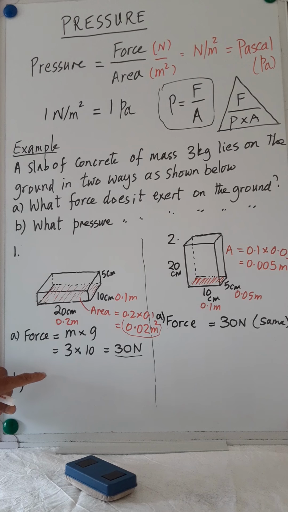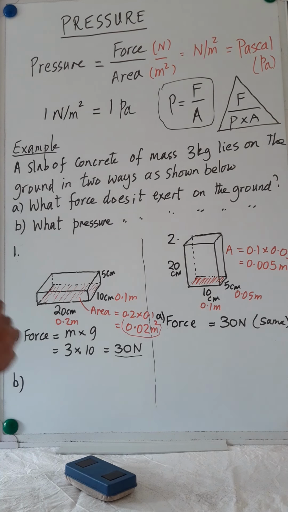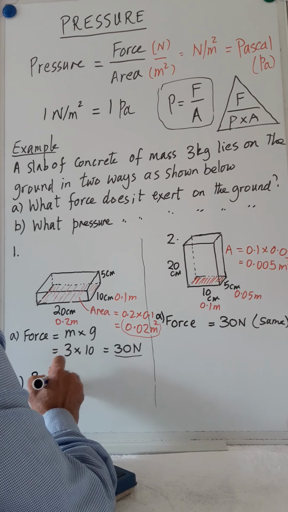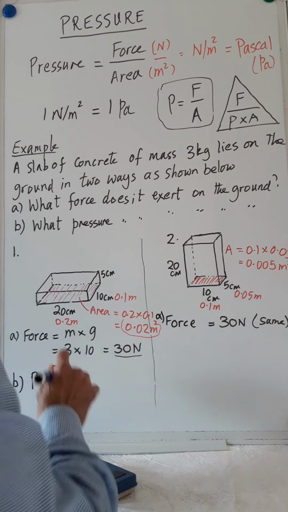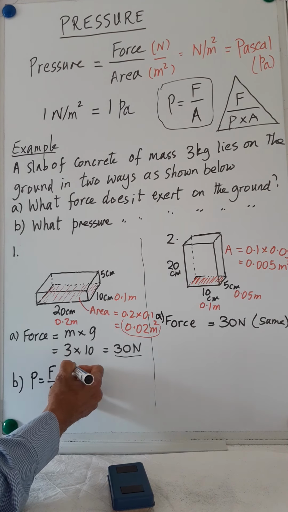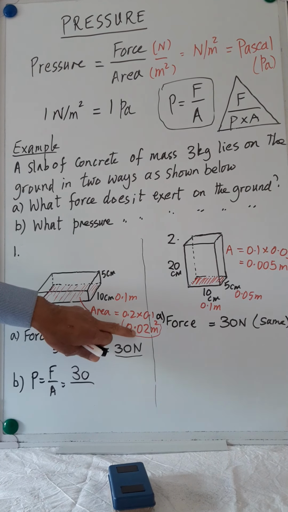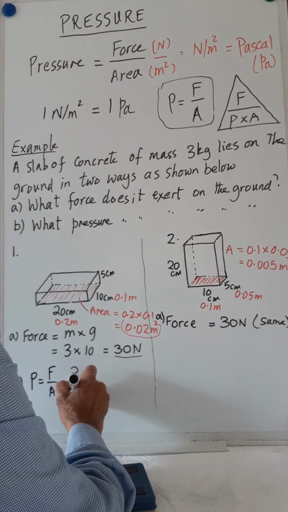Now, to find the pressure, remember pressure is equal to force divided by the area. The force is 30 newtons and the area is 0.02 meters squared.